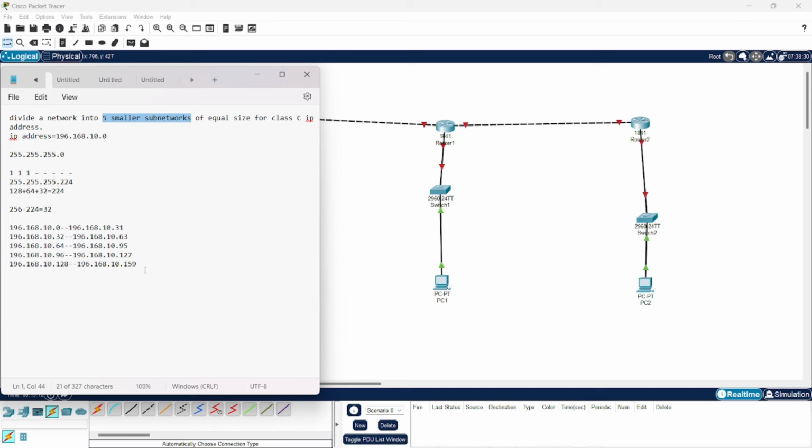And these are the ranges of the IP addresses for the networks. This would be the range for the first one. This is for the second. This one is going to be for the third one, and this would be the range for the fourth, and this would be the range for the fifth network.